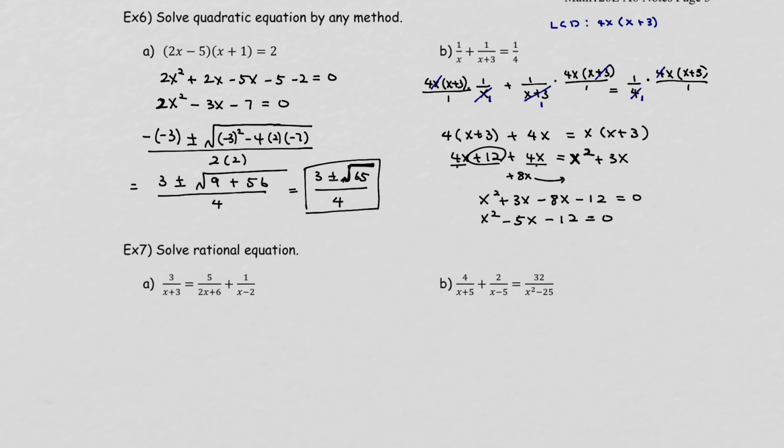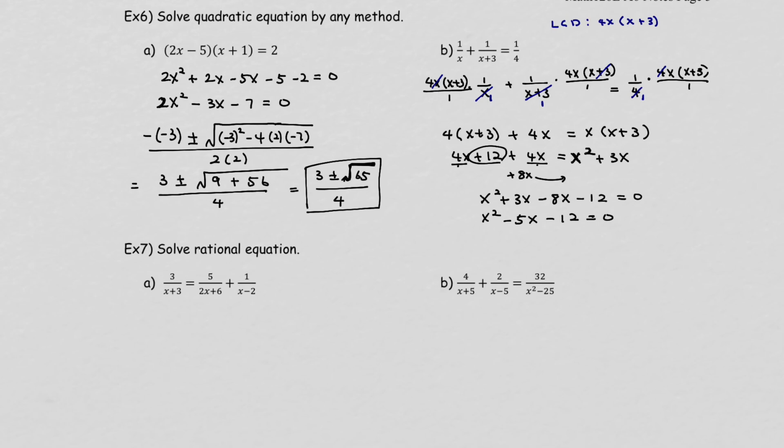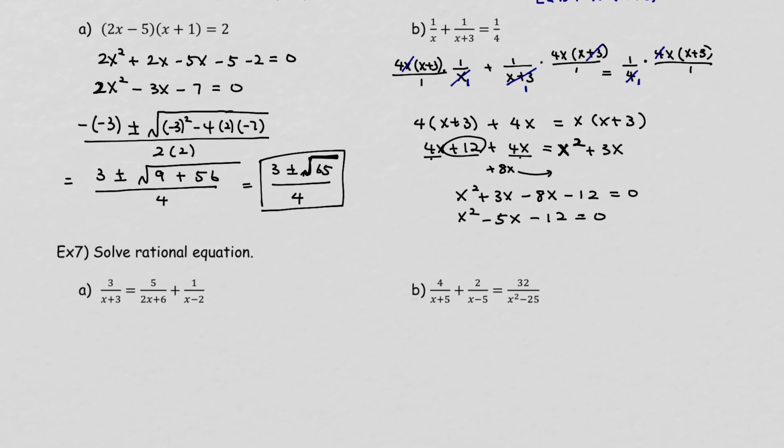So if my leading coefficient is 1, right, I have 1 here, I will either use factoring or completing the square. And maybe this is not factorable.